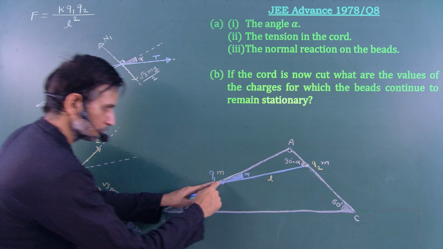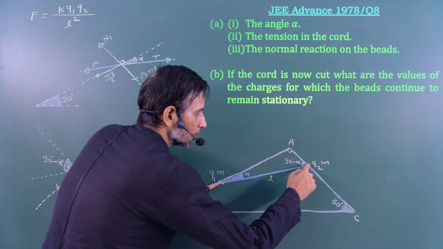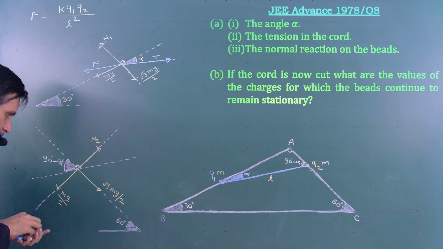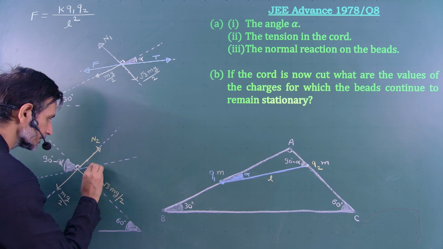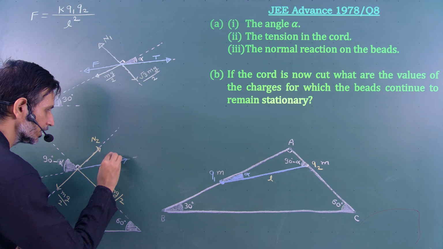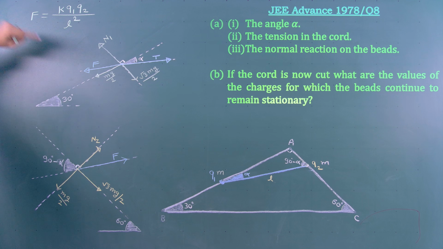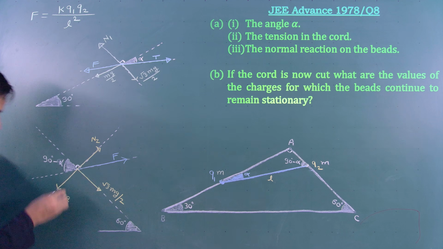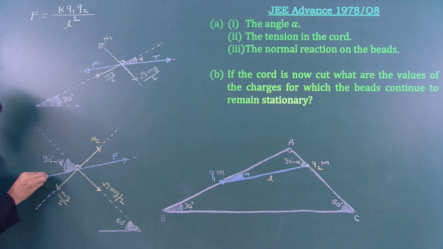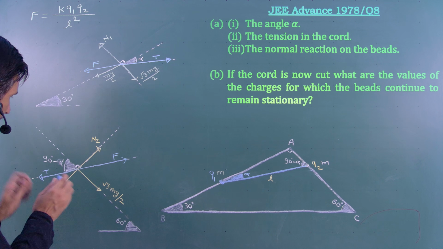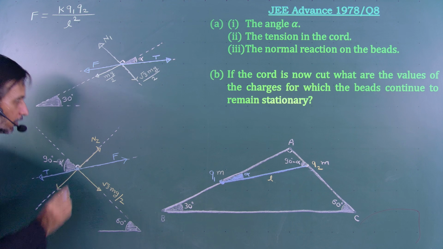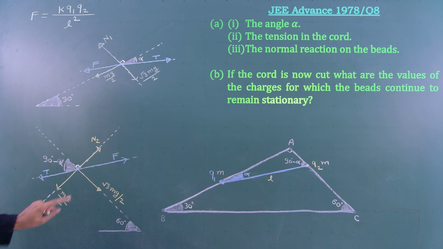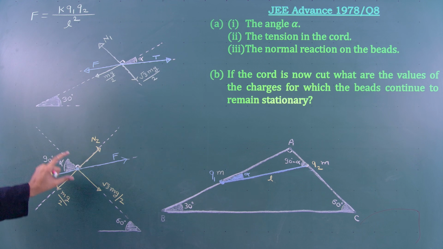The electrostatic force is repulsive, so it acts away, in this direction, and its value is F, the same force F. Tension acts along the cord, and its value is T. So we have drawn the free body diagram of both Q1 and Q2. The sum of all these forces must be 0.